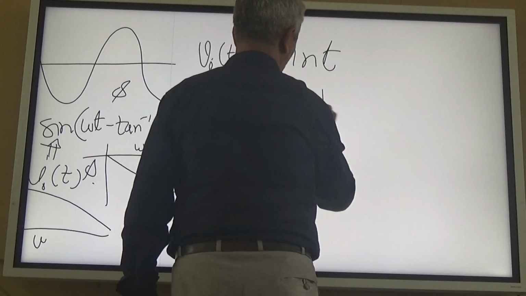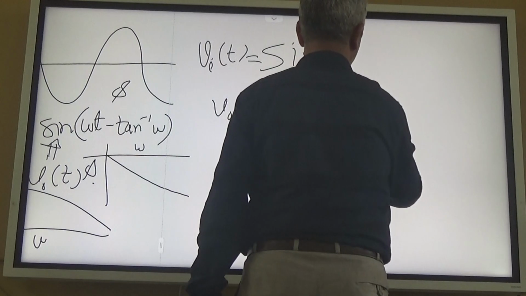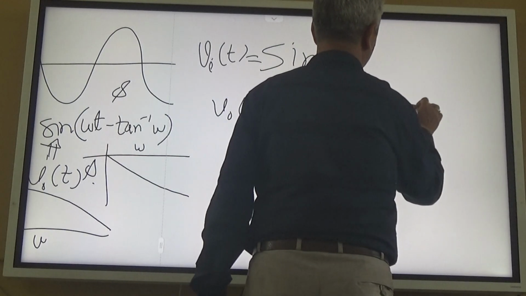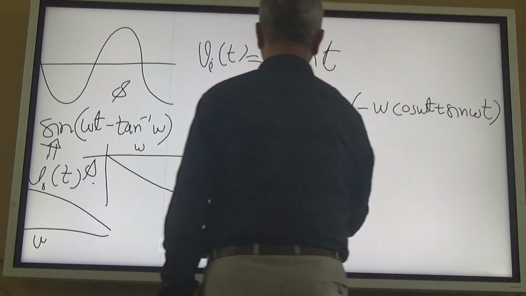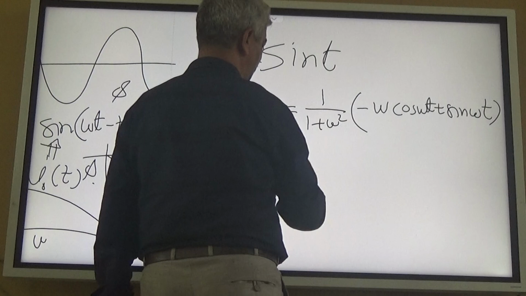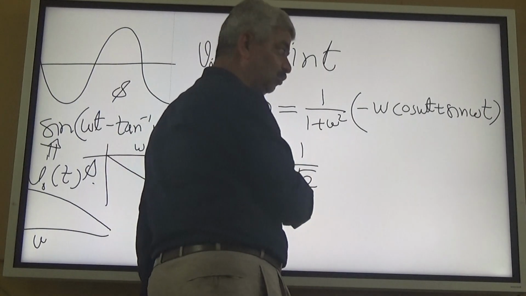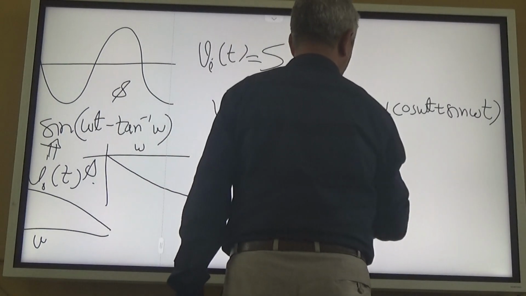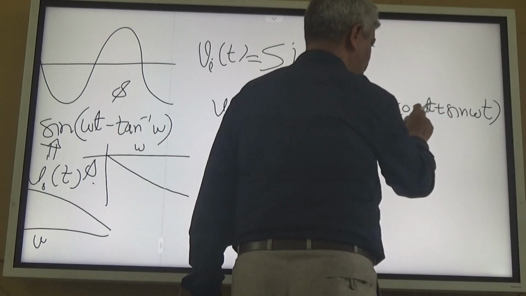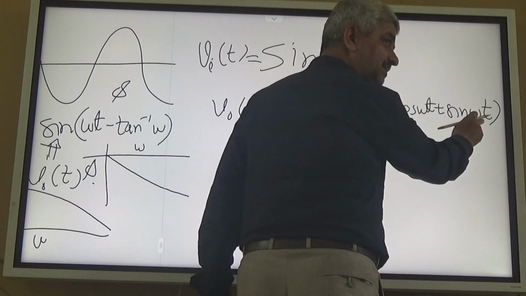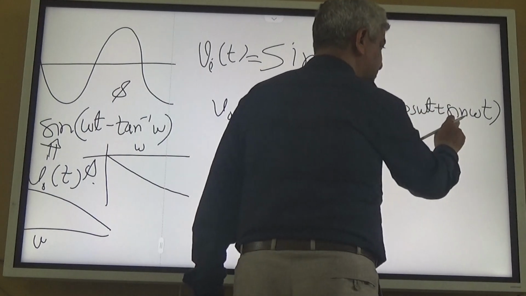We know that it is 1 upon 1 plus omega square into bracket minus omega cos omega t plus sin omega t. Omega equal to 1 will make it 1 upon root 2, right? This is minus 1, minus 1 cos t plus sin t, right?